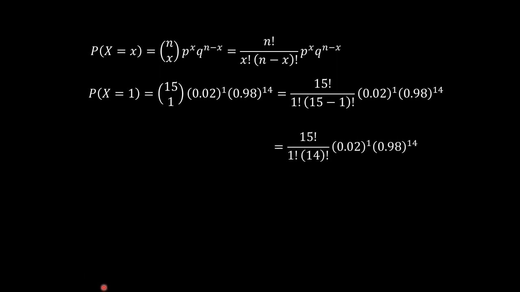This is now equal to 15 factorial over 1 factorial times 14 factorial, and then times 0.02 raised to 1 times 0.98 raised to 14. Using a calculator, we are going to get 0.22609258.